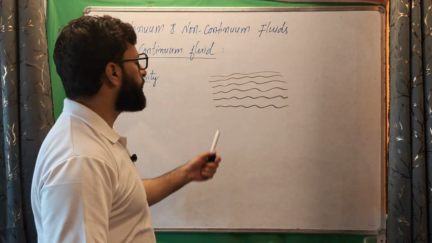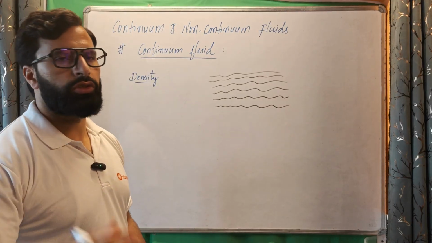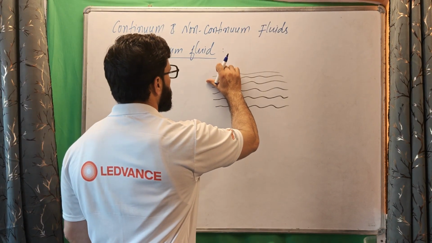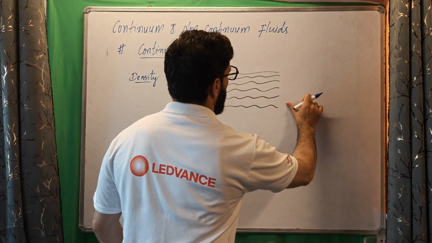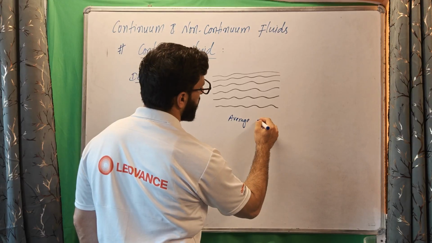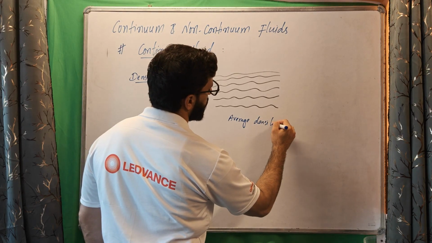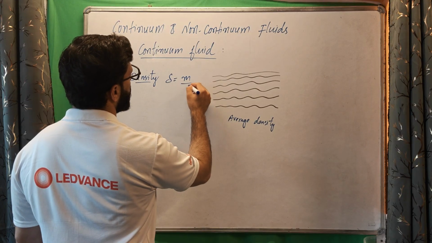Now when we define density of this fluid, we have two ways to define density. One is the average density, and we know density is the mass of unit volume.